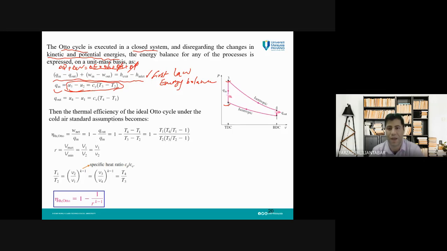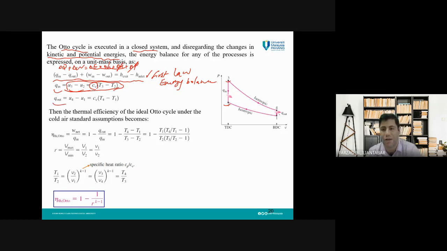Here we have a constant volume process, so we can use Cv, but which Cv? Based on our assumption, we can refer to the table and simply find this Cv for air during this heat addition process. So Q in can be calculated by this equation.